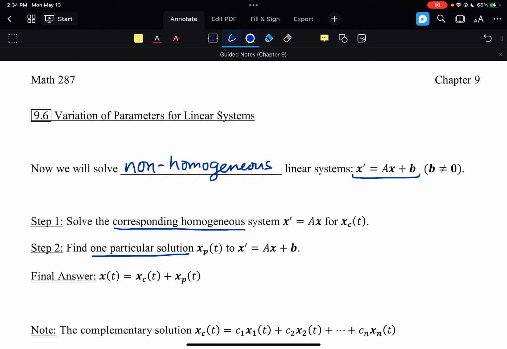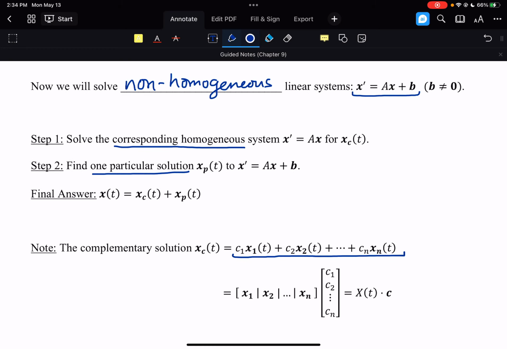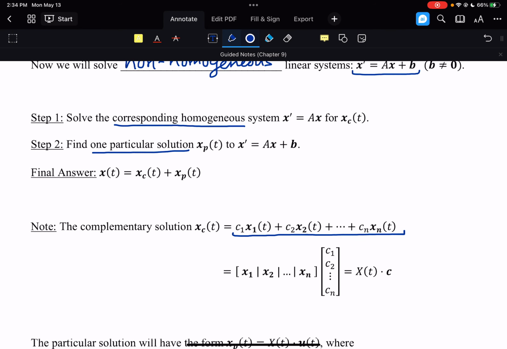So the complementary solution, this is basically what we've been working on up until this point in the chapter. It's just c1x1 plus c2x2 plus and so on, all the way up through cnxn. If we break that apart into a product of a matrix with a vector, we have this matrix with x1 through xn in the columns, times this vector of c terms, c1 through cn.